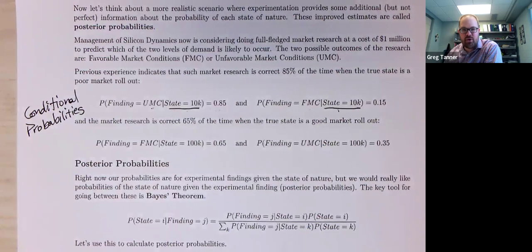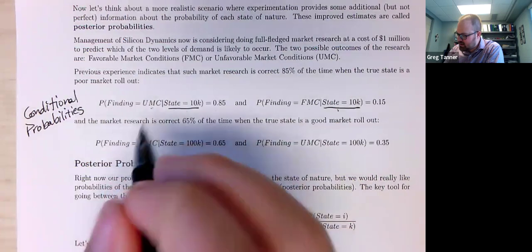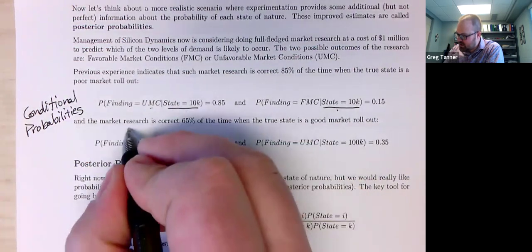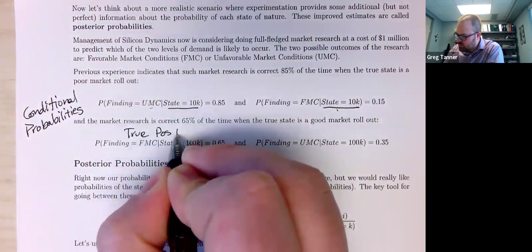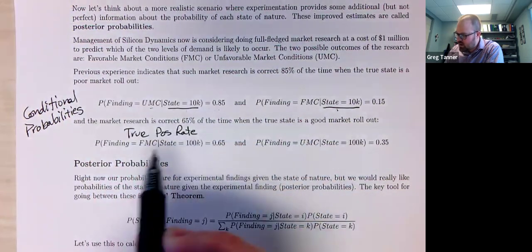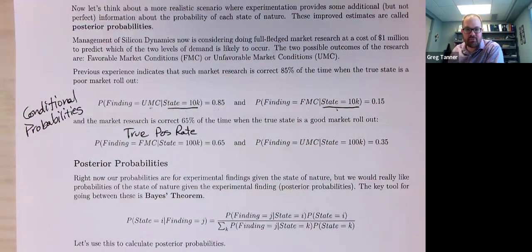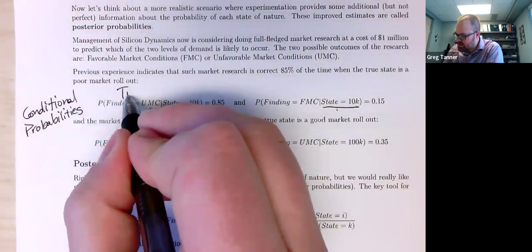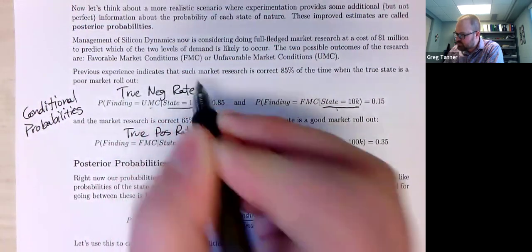Okay. If we think of selling 100,000 as our positive state of what we're trying to predict, you might consider this probability here as what's called our true positive rate, where the actual state is positive and we predict positive. This one up here we might think of as our true negative rate.